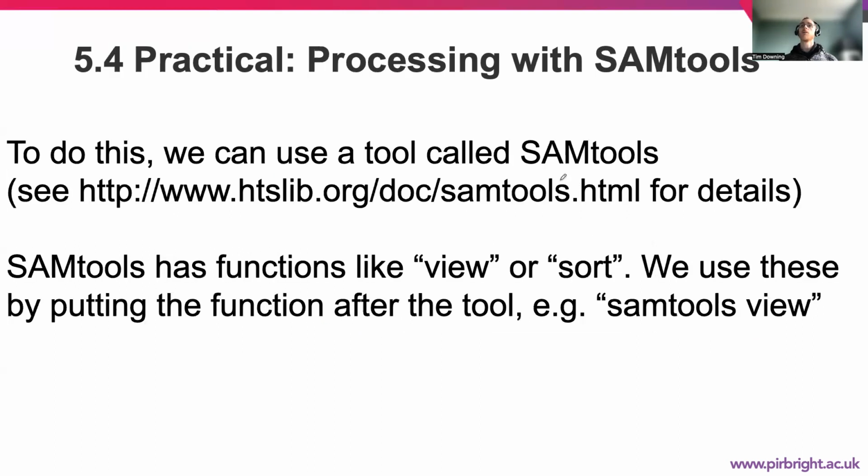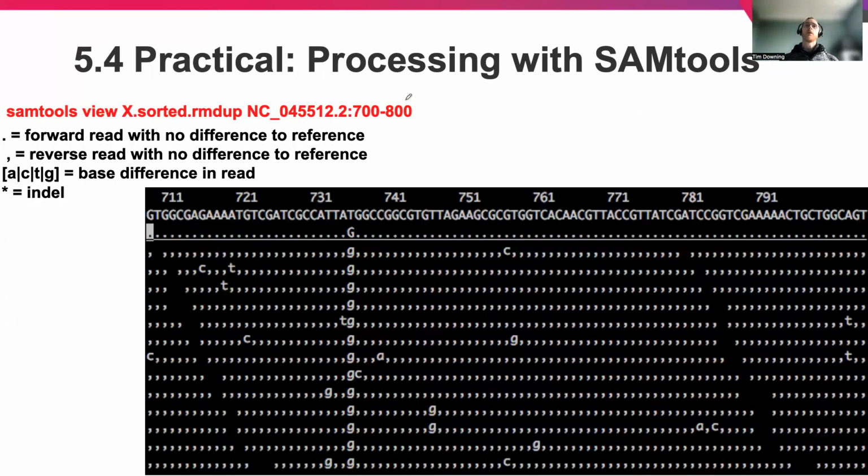We'll use this toolkit, known as SAMtools, which contains a bundle of functions like view and sort to do different things to our read libraries. And this is essential to convert our SAM file into a BAM file, to sort that, to remove duplicates, and to view those reads properly. So we'll look at particular commands with this format where we have some reference genome, some location we want to look at, and then we can look at the bases, where here we have the commas showing our reverse reads with no difference to the reference, and the full stop, which are not shown here, again with no difference to the reference.